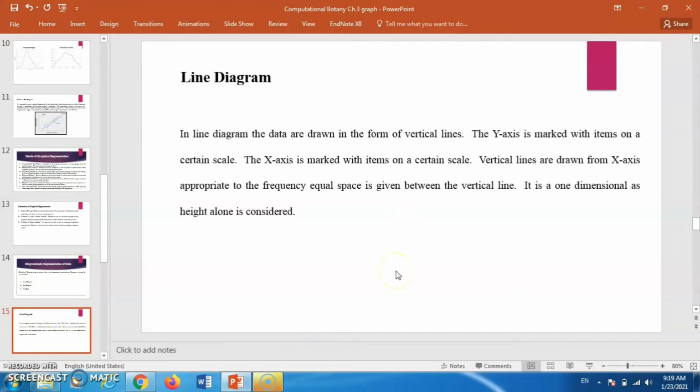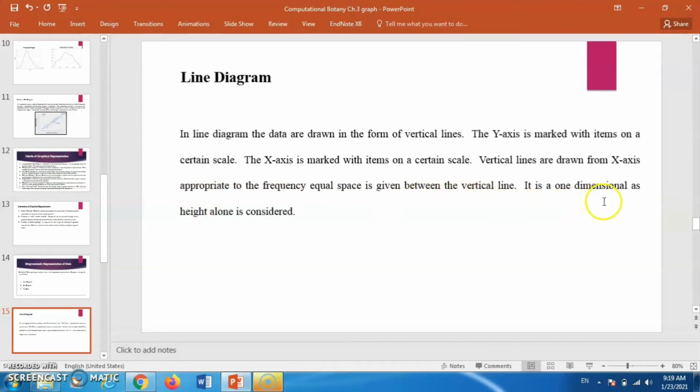Okay, let us see the line diagram. In a line diagram, the data are drawn in the form of vertical lines. The y-axis is marked with items on a certain scale. The x-axis is marked with the items on a certain scale. Vertical lines are drawn from the x-axis appropriate to the frequency. Equal space is given between the vertical lines.